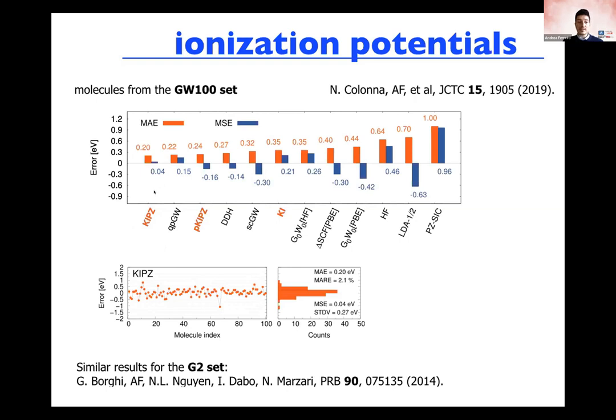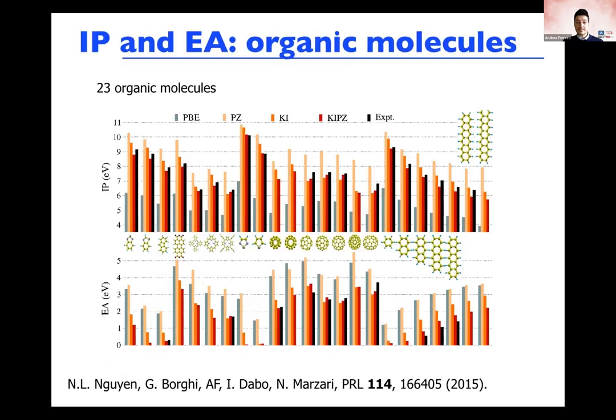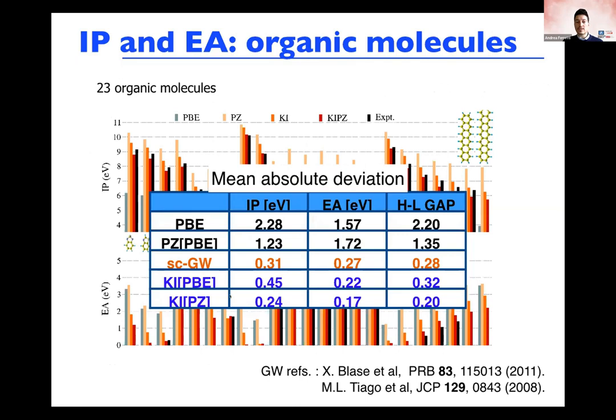accurate in estimating ionization potential, and similar results were obtained by Giovanni Borghi for the G2 set. This applies also not just to the GW100 molecules, but also to larger molecules, especially these organic examples here related to large pi conjugated molecules, and this applies to both ionization potential and electron affinities.